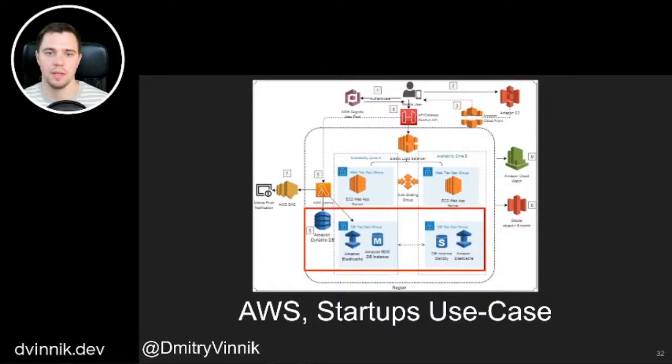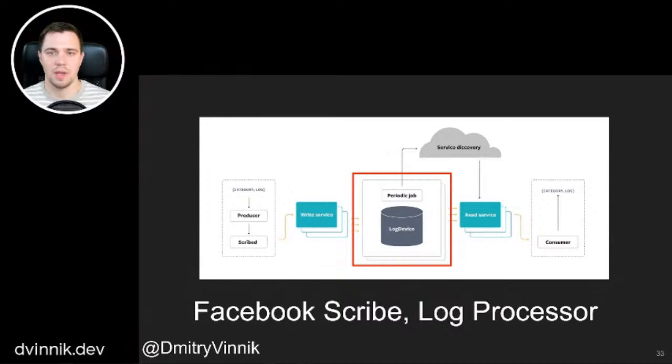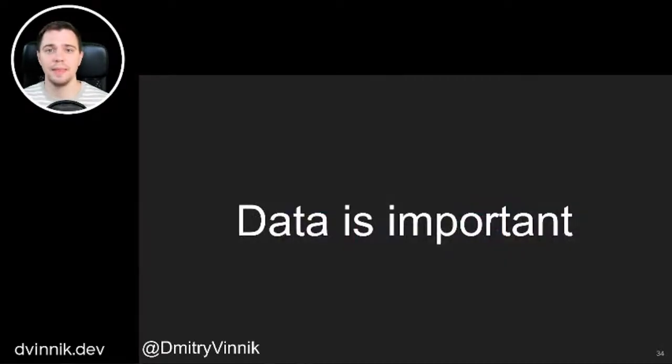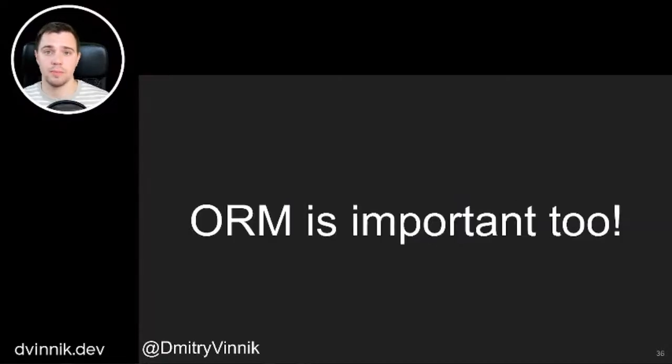And of course, as I'm working at Facebook, Scribe, the log processor, alone deals with a massive amount of data, in this case logs, which is again data. Data is extremely important, as we just highlighted, so ORM is important too. If you're dealing with something essential, whatever you're using as a tool for that data is important.